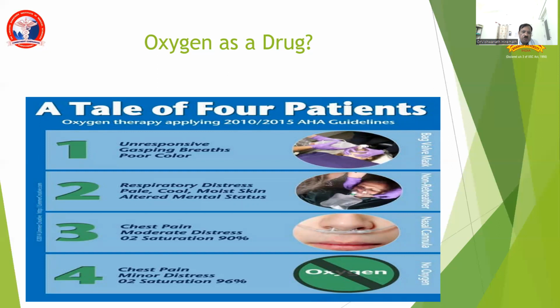Second, a patient with respiratory distress who is pale, cool, with moist skin, altered mentation, so that he is in shock. Third, a patient with chest pain, moderate distress, his oxygen saturation is 90%. Fourth, a patient with chest pain, minor distress, the oxygen saturation of 96%.